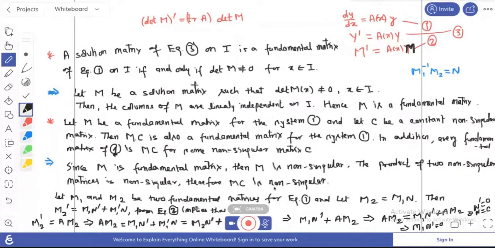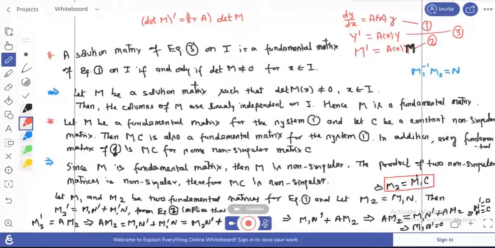So N equals C means you find what your assumption is. You take M2 with N equal to the constant matrix. Therefore your solution is M1C. So if we put N equals C, then you get M2 as M1C.